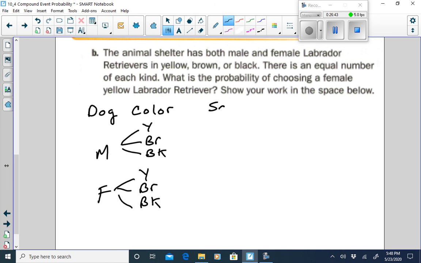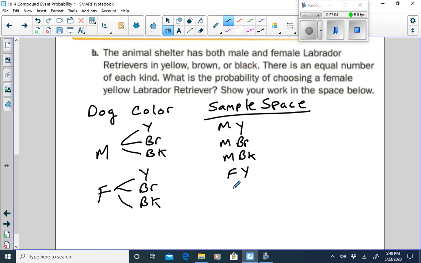When we do our sample space, we could have a male yellow, male brown, or male black. Or we could have a female yellow, female brown, or female black.